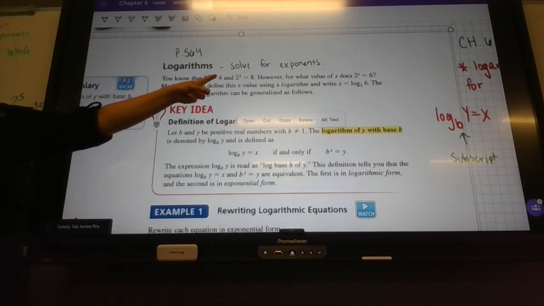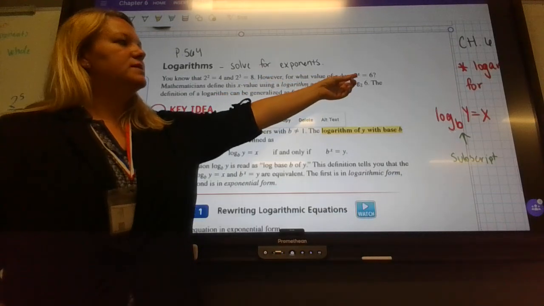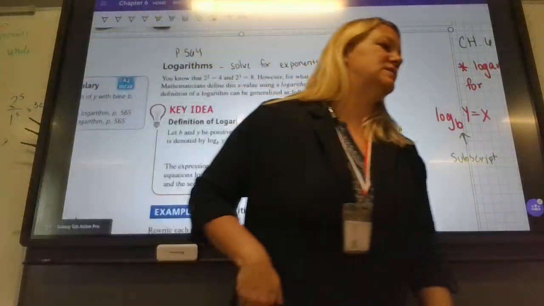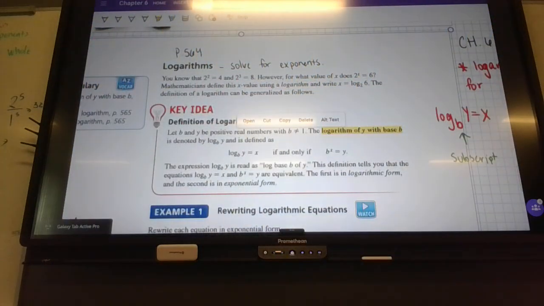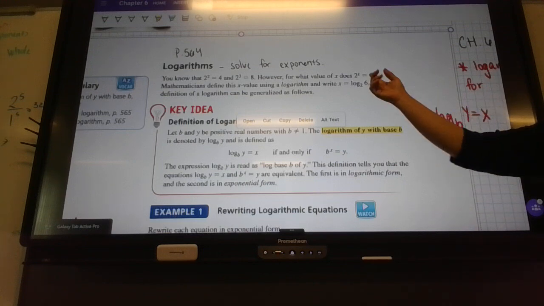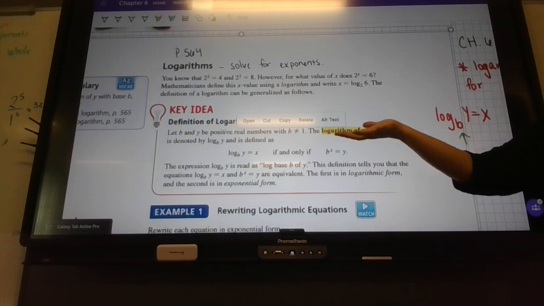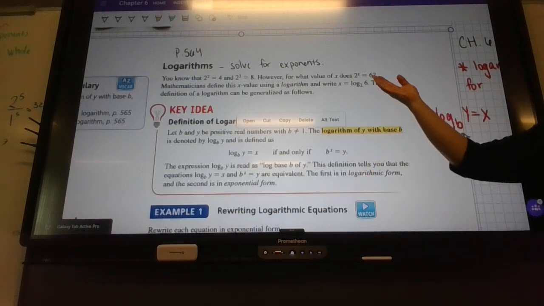So you know that 2 squared is 4 and 2 to the third is 8, but what exponent on 2 would give you 6? 2 to what power is 6? Yeah, maybe it's 2.5. I think it might be, that's a really good guess. But when it comes to decimal exponents, we don't really know them.